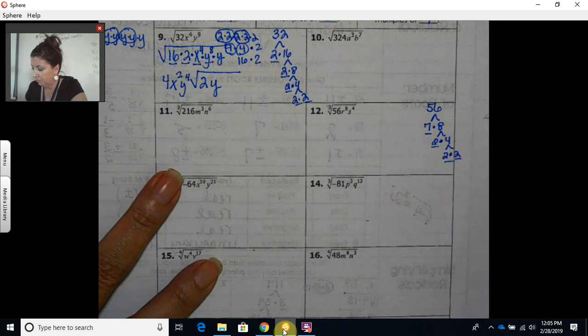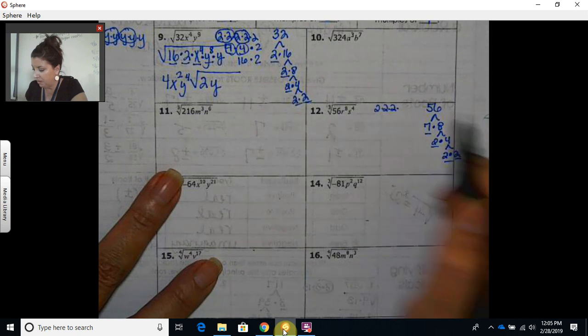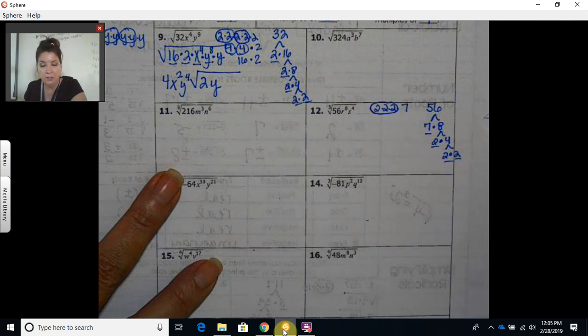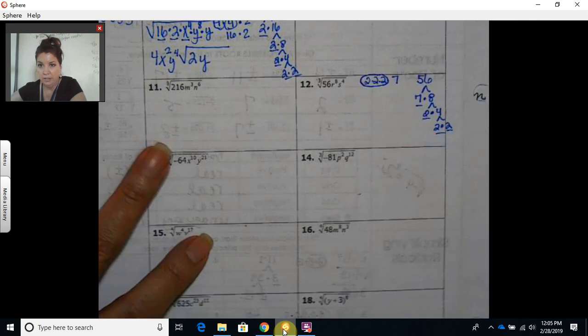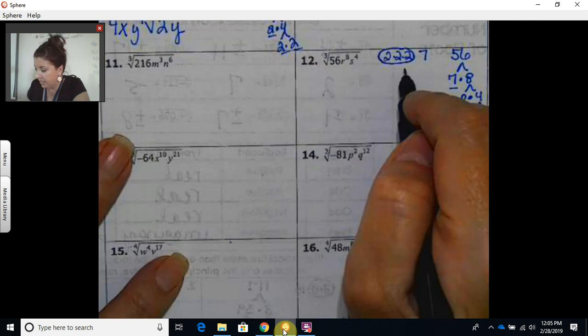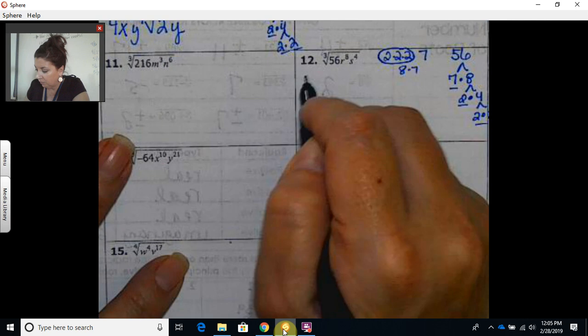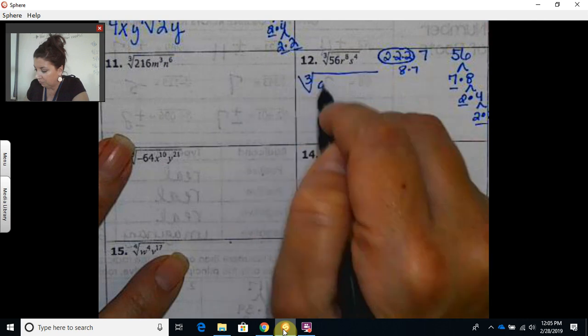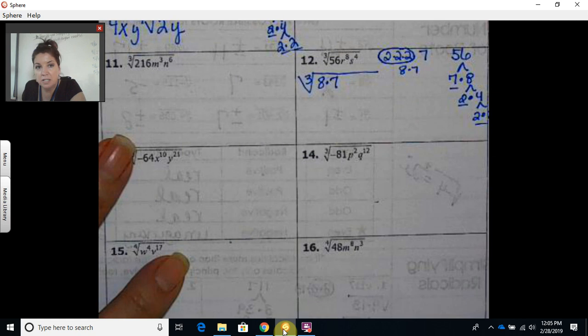Does 56 have a perfect cube? Yeah. 2 times 2 times 2 times 7 gives me 56. I need 3 identical factors to give me a perfect cube. So what is the perfect cube in 56? 8, right? So I'm going to replace 56 with 8 times 7. Is r to the 8th a perfect cube?